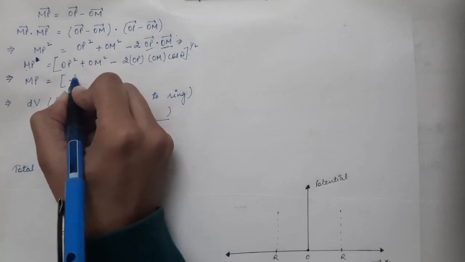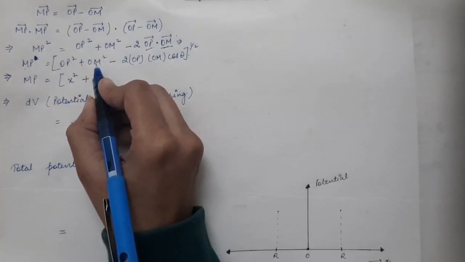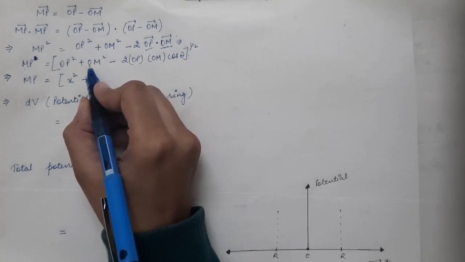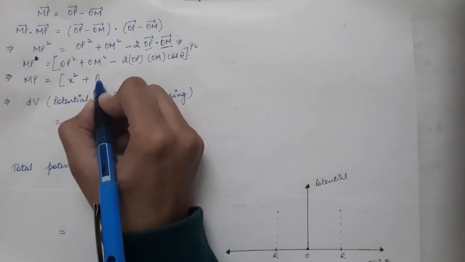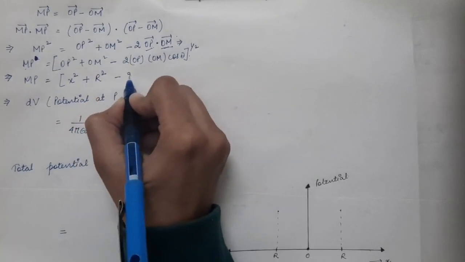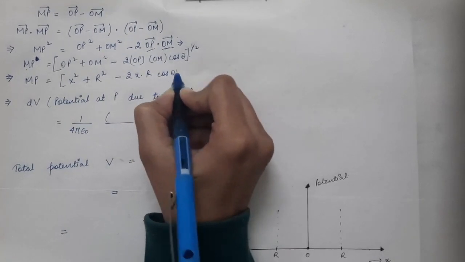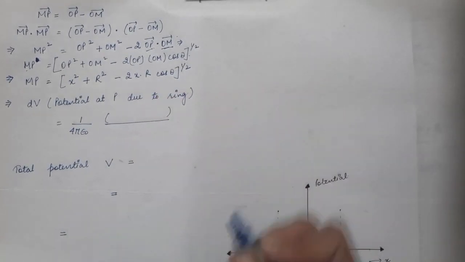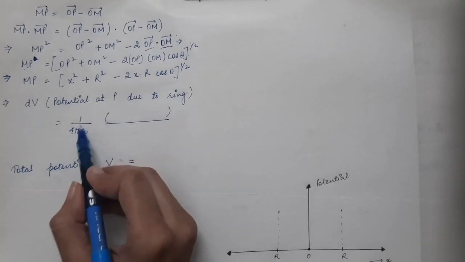So over here you will get x square plus, M is the point on the surface of the shell that we have taken, so OM is equal to the radius of the shell, capital R square minus 2 into x into R into cos of theta, power 1 by 2.